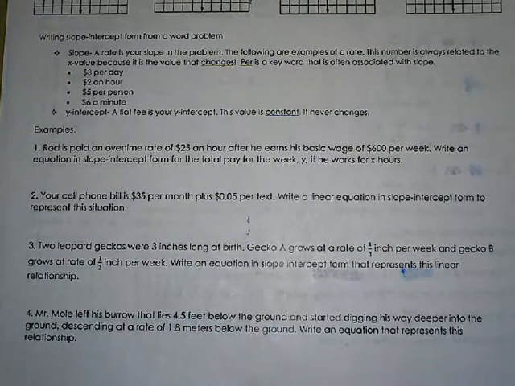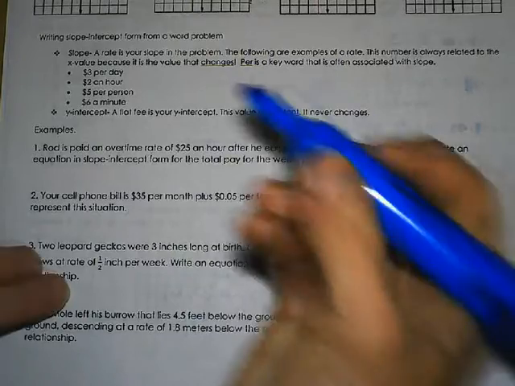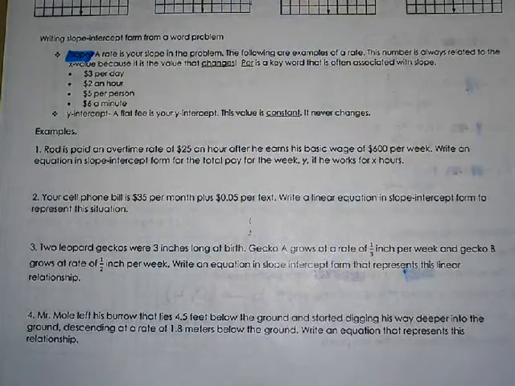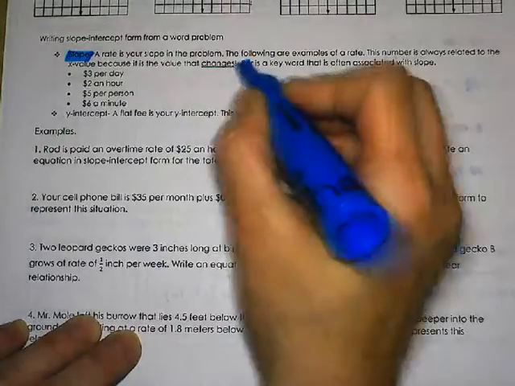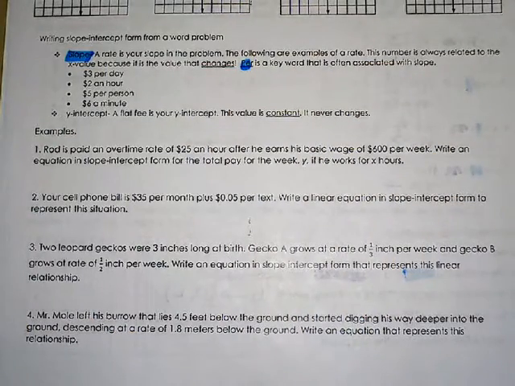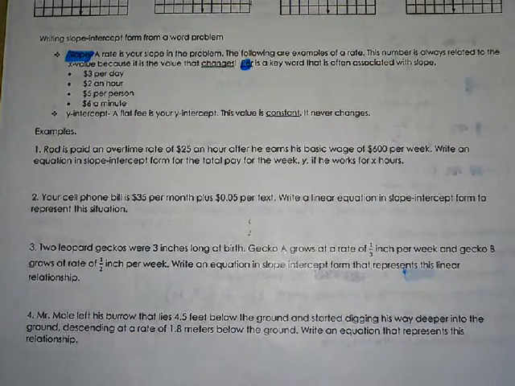Now let's take a look at writing the slope-intercept form from a word problem. The slope is a rate. Your slope is in the problem. The following are examples of a rate. This number is always related to the x value because it is the value that changes. Per is a key word that is often associated with slope.